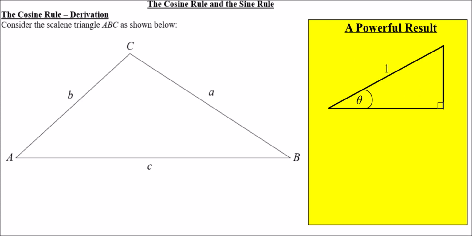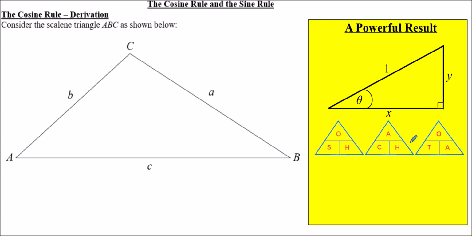So considering this, let's just think about how we could define the sine function for this triangle. So just to remind you, for SOH-CAH-TOA triangles, this is going to be labelled side x. Over here, the opposite side, I'm going to label this y. And like I say, to remind you of the SOH-CAH-TOA triangles, here they are as well. And so what would the sine function for this triangle be? Well, we'd have sine theta equals the opposite side divided by the hypotenuse.